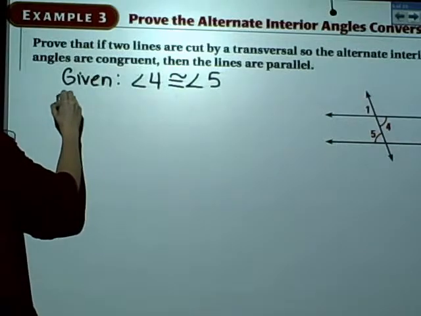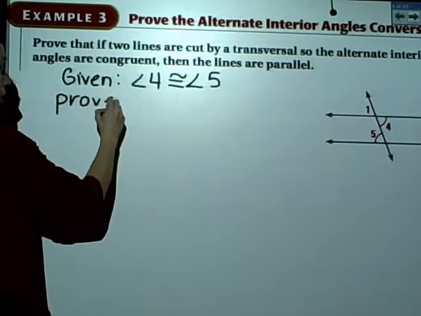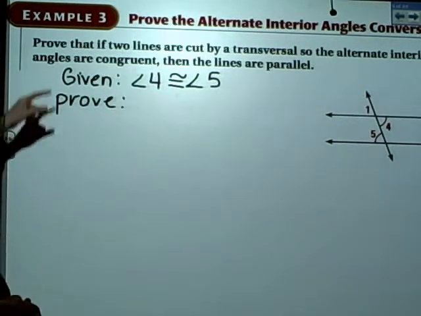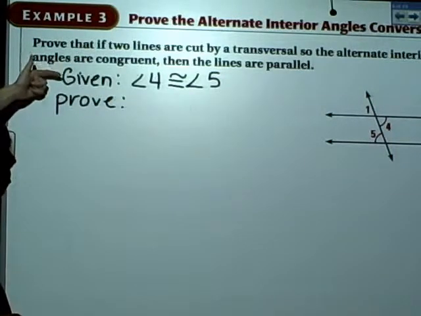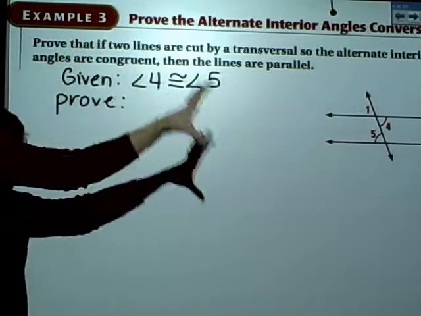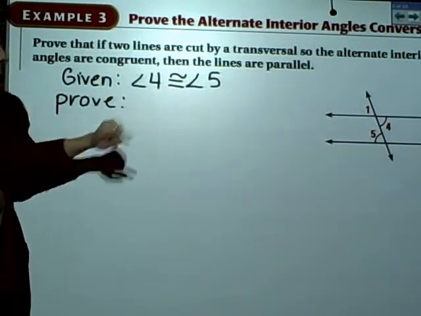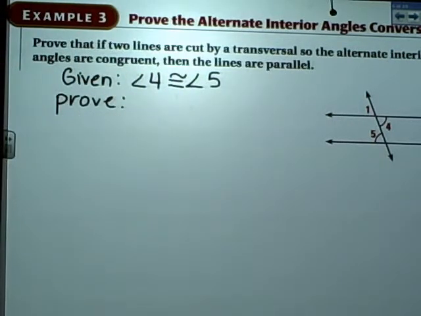Let's think, what are we trying to prove here? It says prove that if two lines are cut by a transversal and the alternate interior angles are congruent, and we just said that's a given because the diagram tells us that. Prove the lines are parallel.